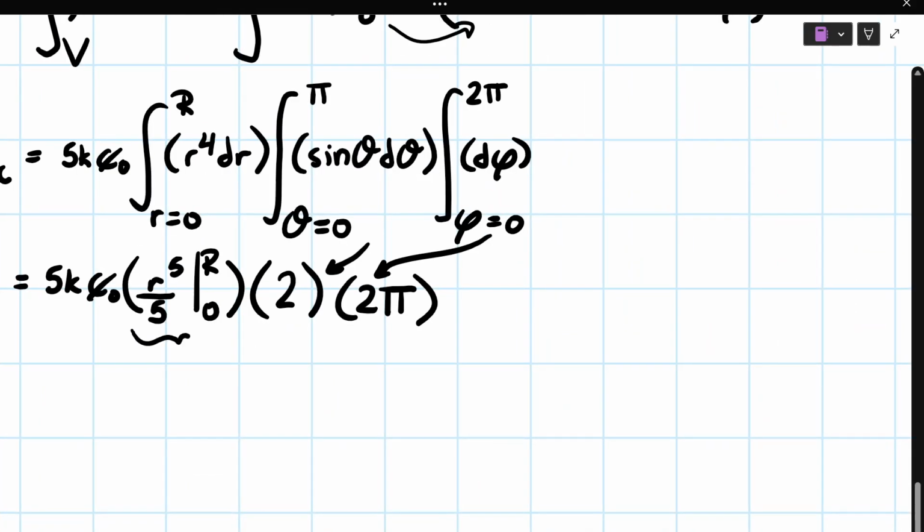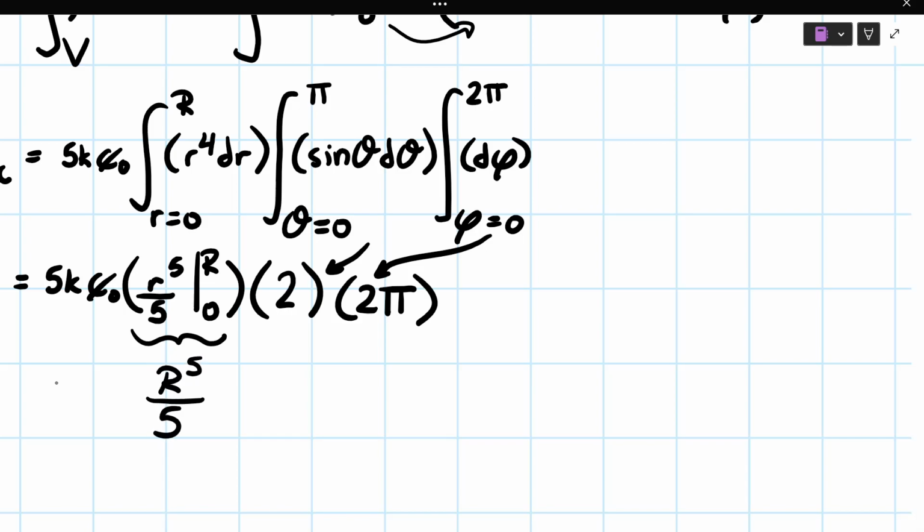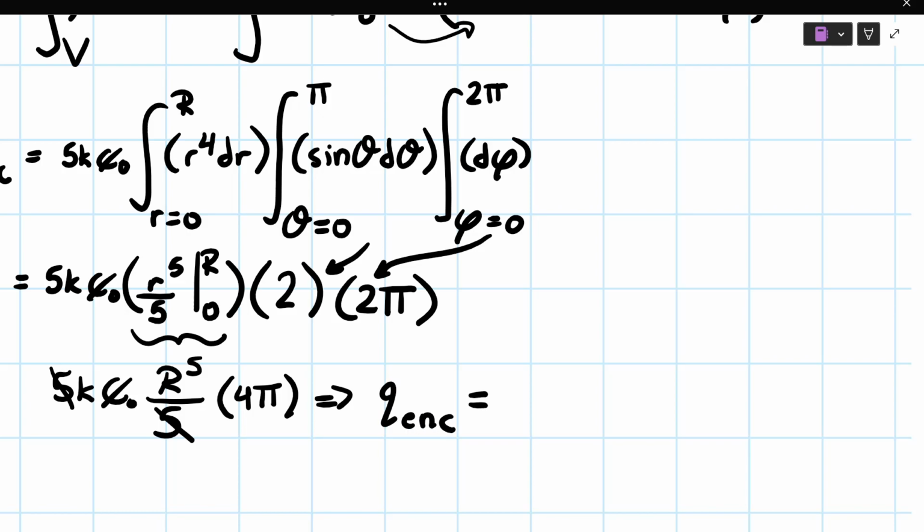And this becomes R to the fifth over 5 multiplied by 5k epsilon naught, the 5s are going to cancel out, multiplied by 2 times 2 pi, which is 4 pi, and we find that q enclosed is equal to 4 pi k epsilon naught times capital R to the fifth, okay?